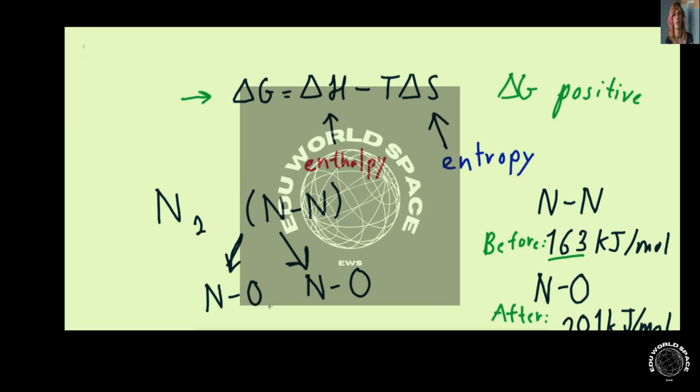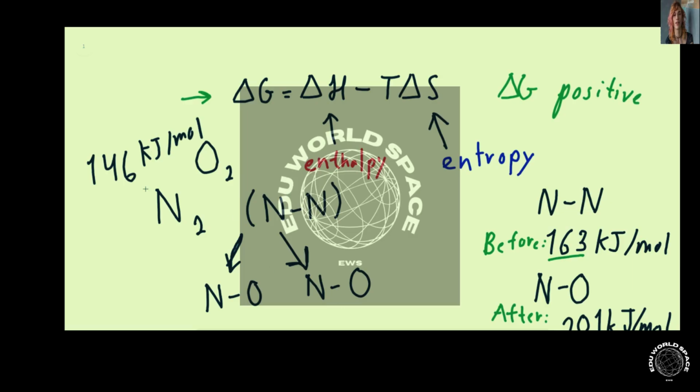It forms 2 because there's 2 nitrogen, and of course there's the oxygen bond energy, which is quite low as well, since diatomic bond energies are pretty low, 146 kilojoules per mole.